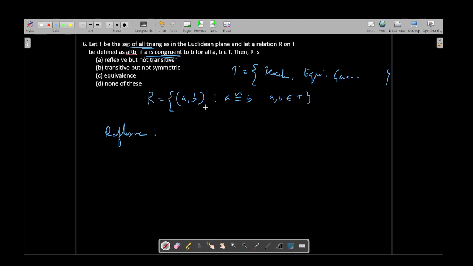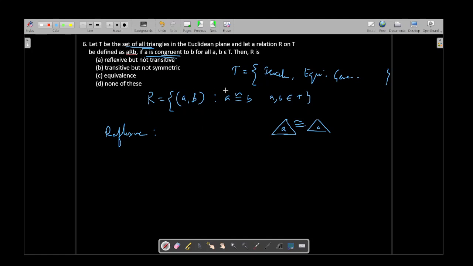If we have a triangle like this, let's say this triangle is A, and if you reproduce the same triangle A, then A is congruent to this triangle A. So a triangle is congruent to itself.